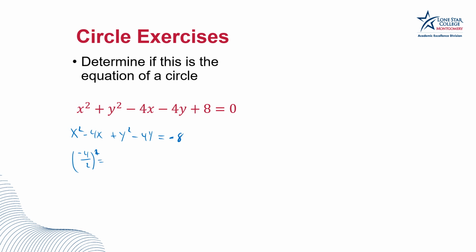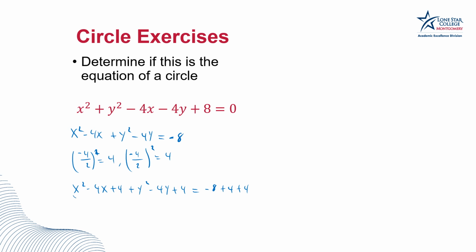We square them. Negative 4 divided by 2 is negative 2, squared is 4. Same thing for the b value for the y. That's also 4. So we add 4's to both x and y, and also on the right side. So we have x squared minus 4x plus 4 plus y squared minus 4y plus 4, and that's equal to negative 8 plus 4 plus 4.